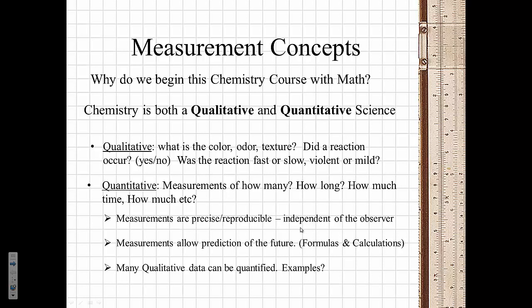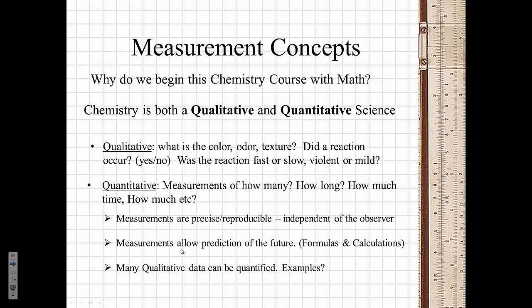So the measurement should be independent of the observer, which is why we would want to quantitate or quantify color, for example, because what might be blue to you might be more purple to someone else. So it's important to quantitate things so that 4 is a 4. Your 4 is the same as my 4, your 8 is the same as my 8, and so forth.